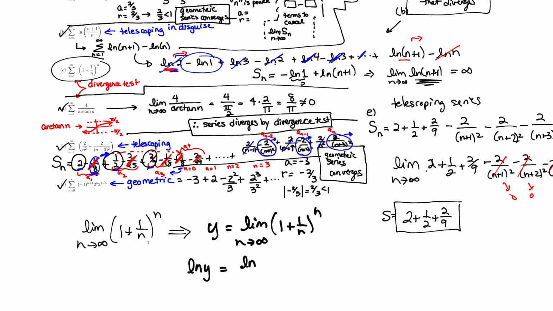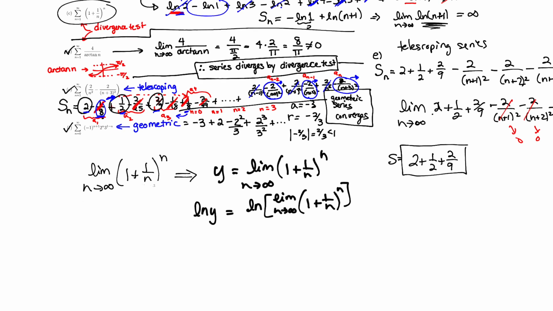So then we'll take the natural log of the limit as n goes to infinity, and the natural log on this domain is continuous, and so we actually get the limit as n goes to infinity of n times the natural log of 1 plus 1 over n.